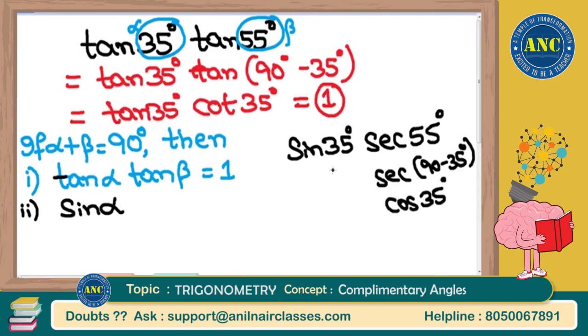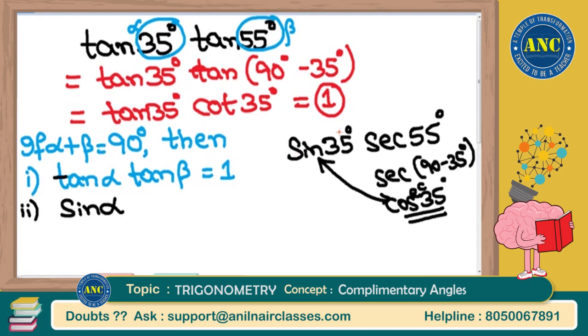Sin 35 and cos 35. Sorry, not cos 35, sir. Secant should be converted to cosecant by allied angles. I made a mistake. It is cosecant 35. Sin 35 into cosecant 35. What is the product? The product is nothing but 1.